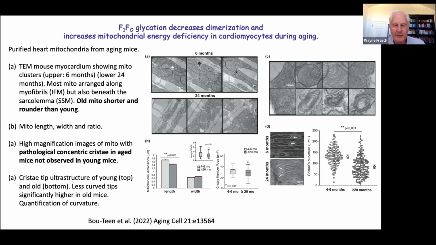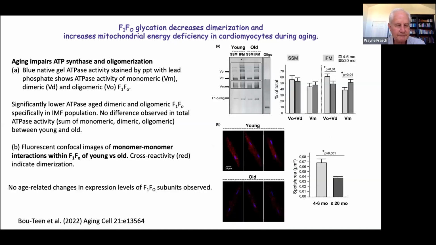And anyway, there is a lot of data here, but they did see the same aged mitochondria that Kühlbrandt did not see in the cardiac, but he did see in the other tissues and in the other organisms, where he had the concentric ones. And at the same time, he was looking at ATP synthase, and he saw that as it aged, you lose ATP synthesis.